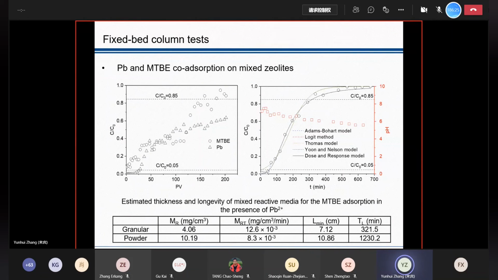The application of materials with small particle size can reduce the hydraulic performance of the column as well as the breakthrough time, but increase the saturation time of the MTBE adsorption nearly 4 times. From the table, the minimum thickness and its corresponding longevity also became higher by the replacement of granular clinoptilolite by its powder form.